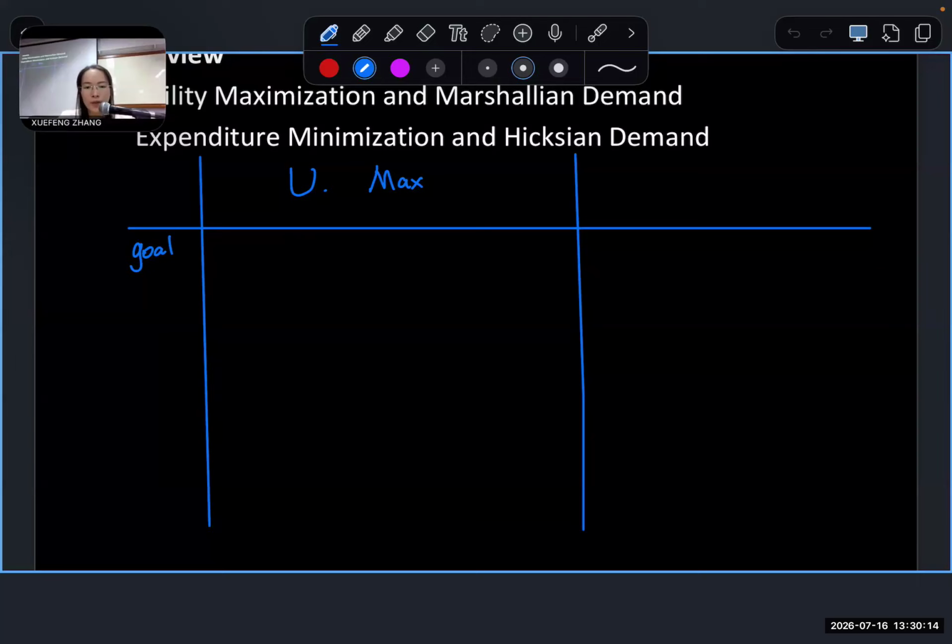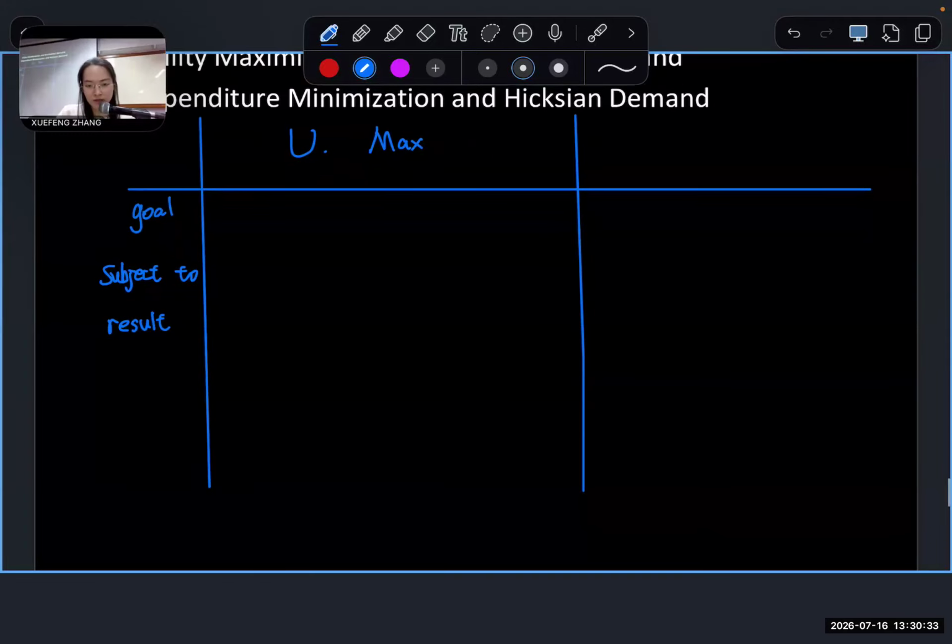Next one, subject to what? Subject to means what is the constraint, right? Because here we are talking about constrained optimization. And then what kind of result are we going to get? So what's fixed? And what changed?